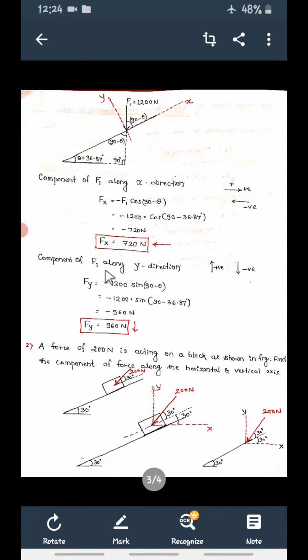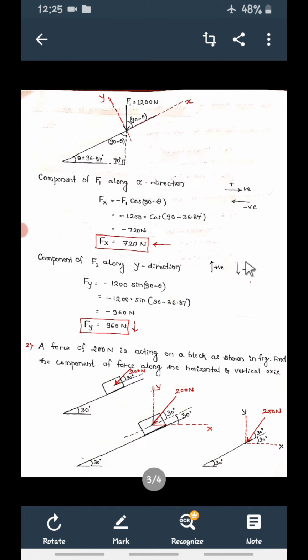Similarly, the component of this F1 along y direction. Now make this force vertical. See the direction, it is downward now. So Fy, the component of this force along y, is equal to minus, because it is downward.